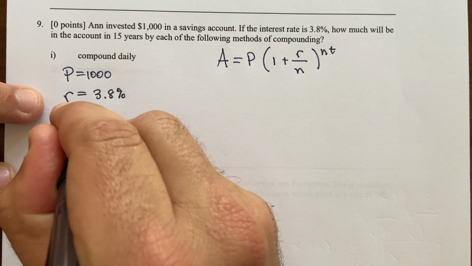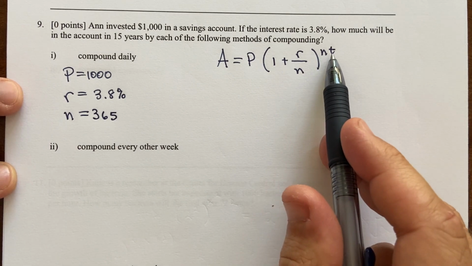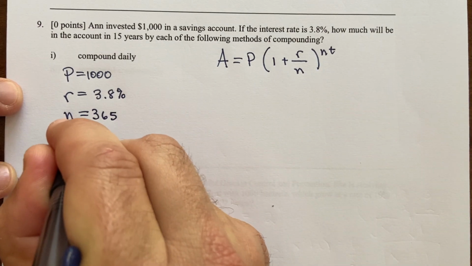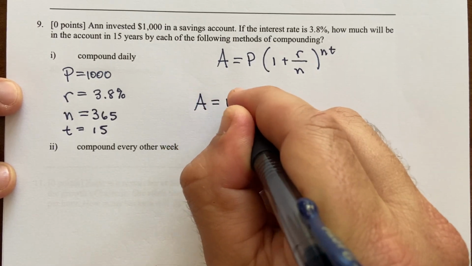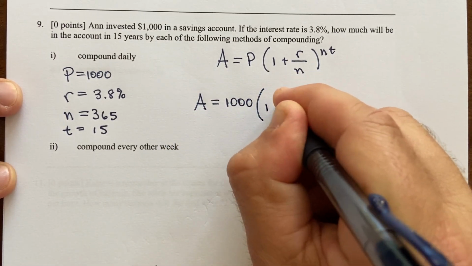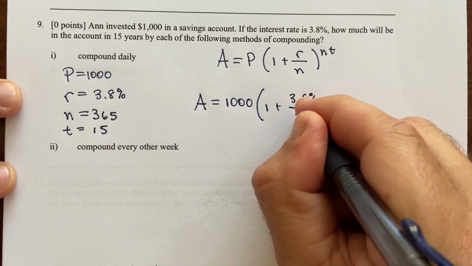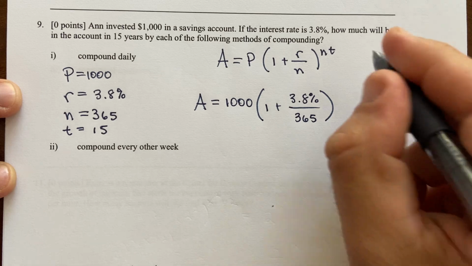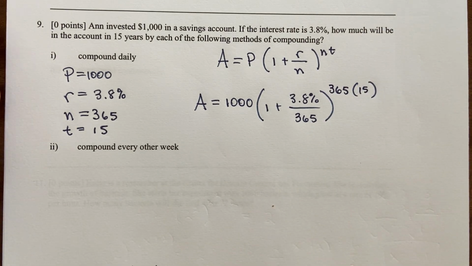So I'd have n equals 365 for a typical year. T would be this 15 years that was mentioned. So her amount would be 1,000 times 1 plus 3.8% over 365 raised to the 365 times 15.